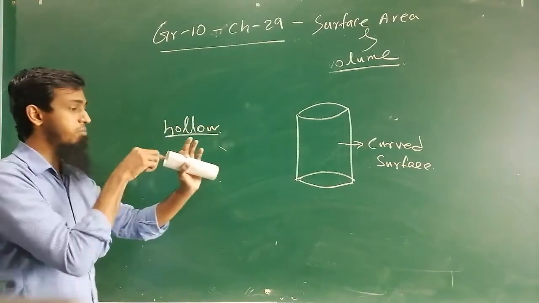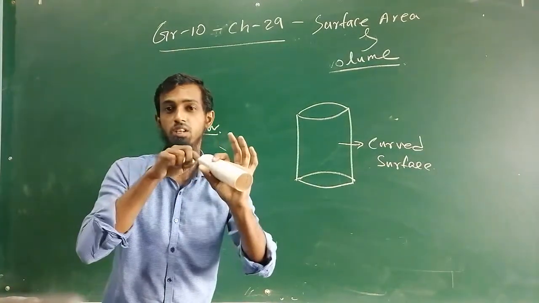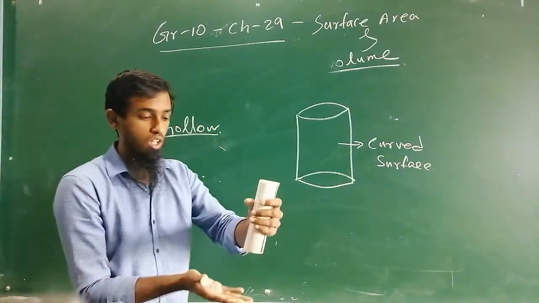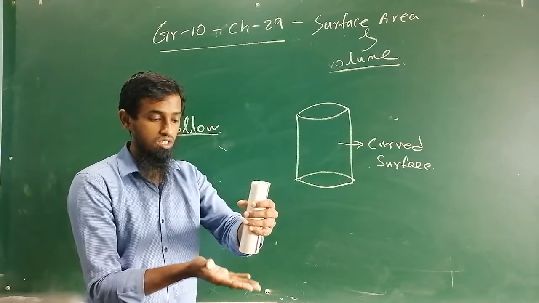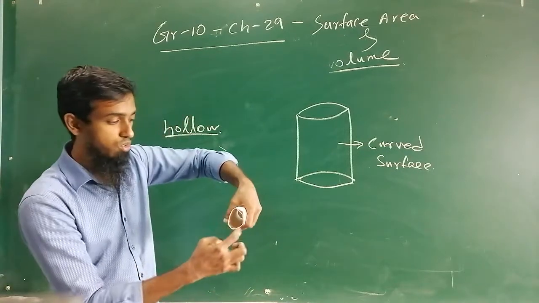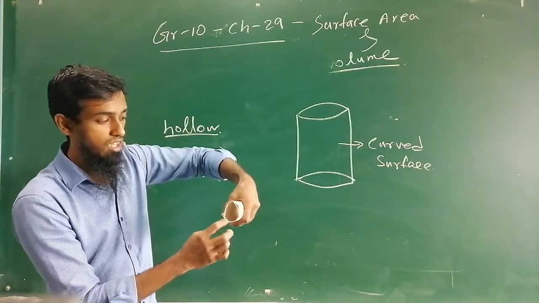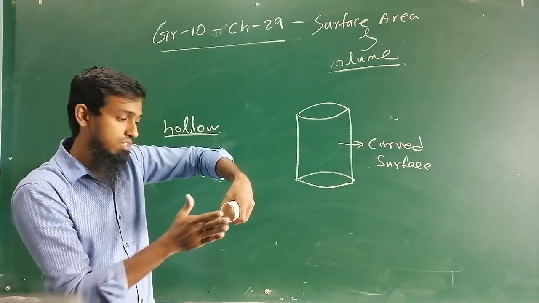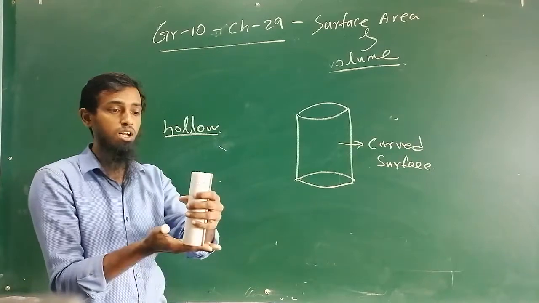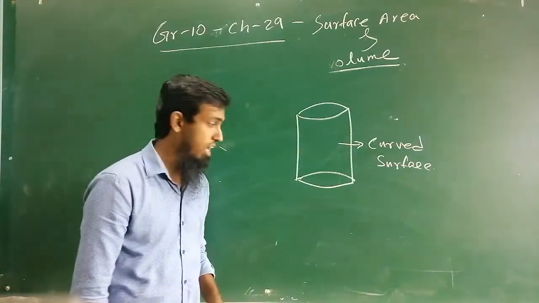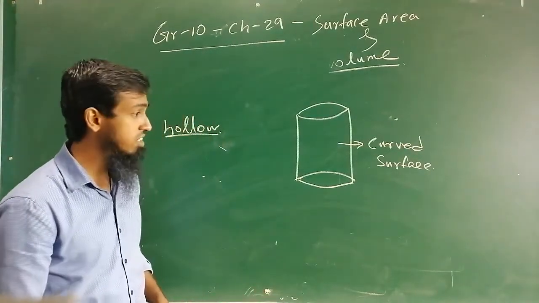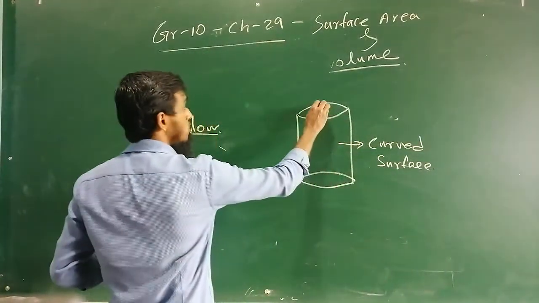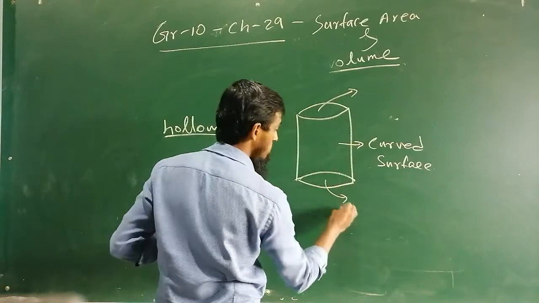Hollow means it's empty. If you fix a circle to this face, you'll have a circle on the top and a circle on the bottom, so we have two circular surfaces.